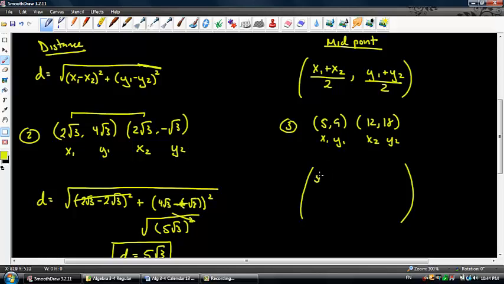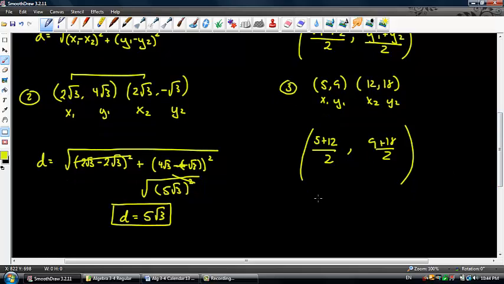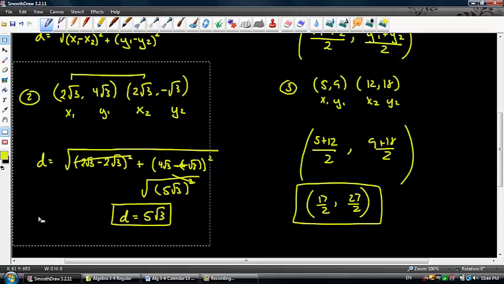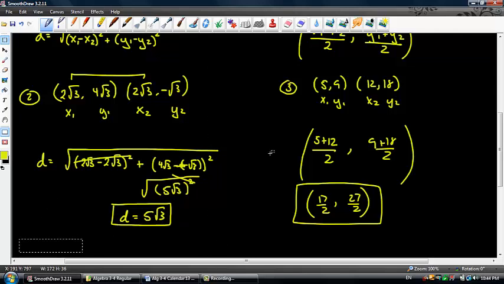This is 5 plus 12 over 2, comma, 9 plus 18 over 2. So it looks like I've got 17 over 2, comma, 27 over 2. And that's as far as you need to go. And again, it's just the average between both of those points, which is pretty self-explanatory, I think.